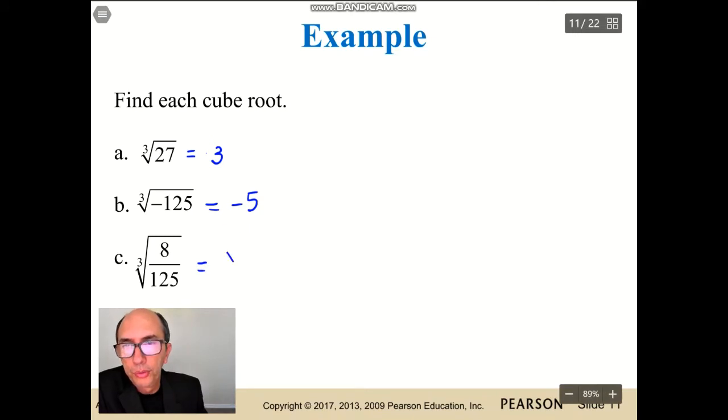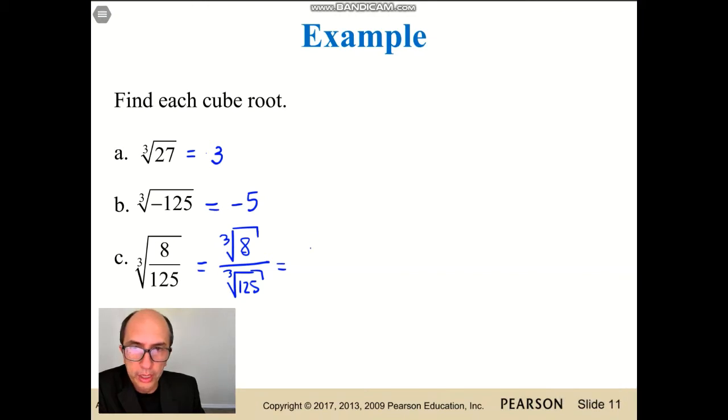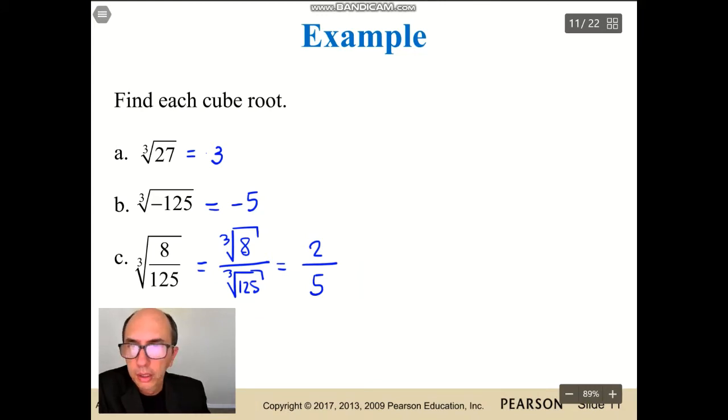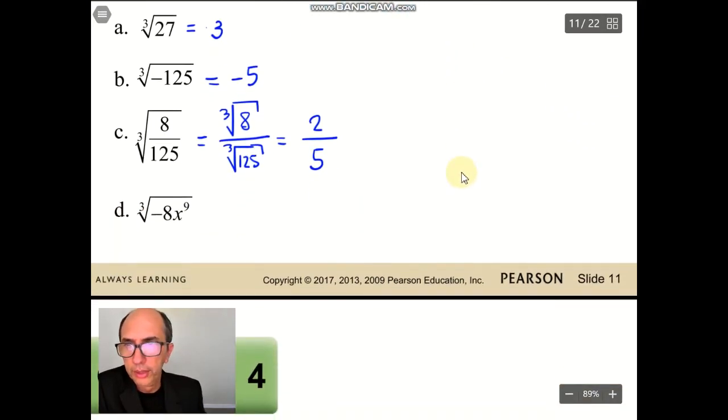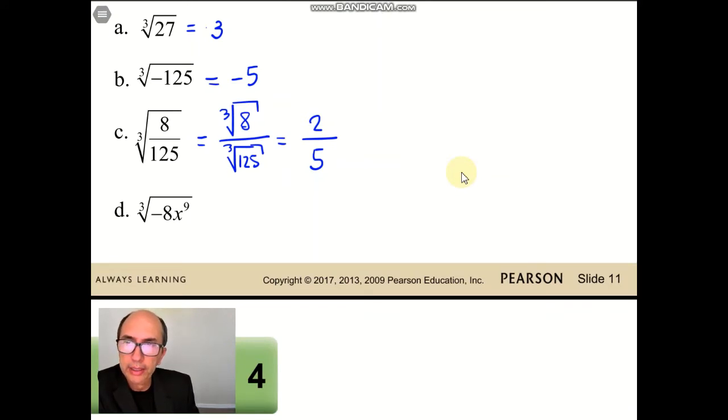And the cube root of the fraction 8 over 125 is the cube root of 8 over the cube root of 125. The cube root of 8 is 2. The cube root of 125 is 5. We still have here the cube root of negative 8 times x exponent 9.